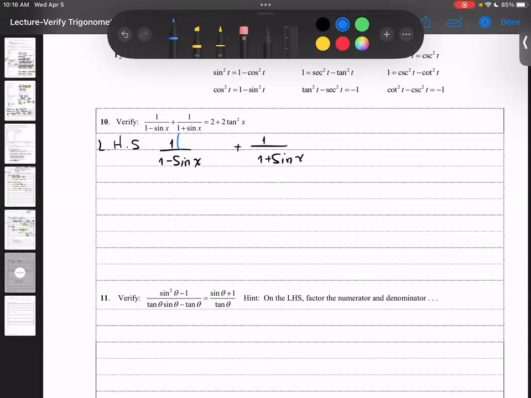I think we did this before, didn't we? 1 plus sine x over 1 plus sine x. And for the second fraction, 1 minus sine x over 1 minus sine x.